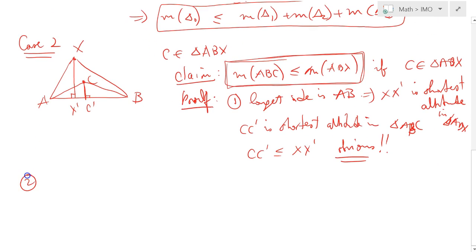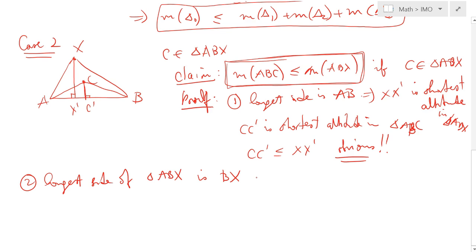The other case is slightly harder. What happens if XB is the longest side? So the longest side of triangle ABX is BX.